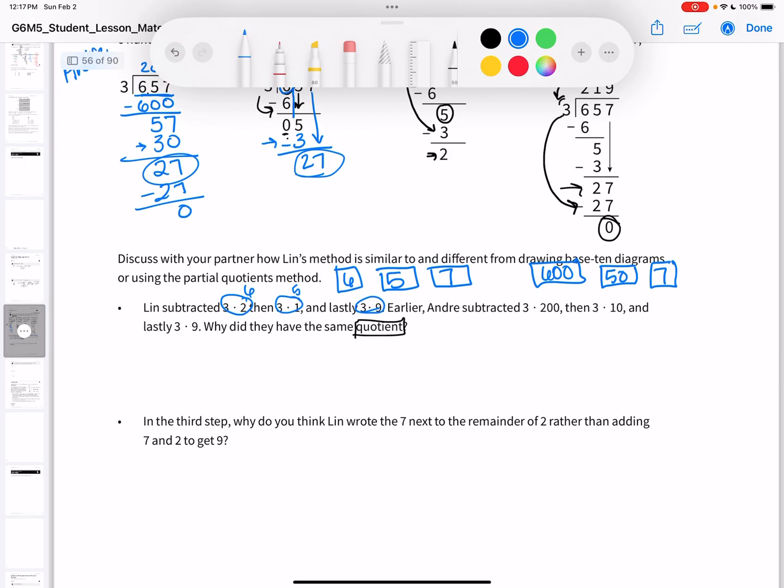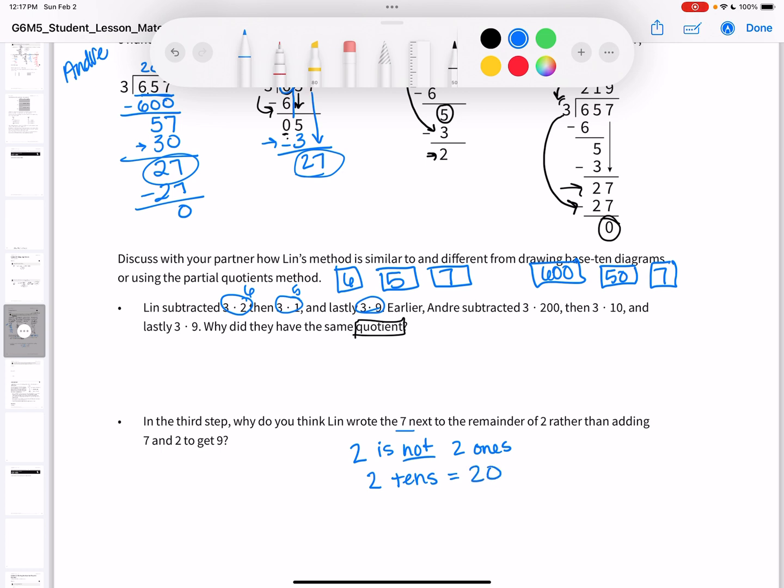In the third step, why do you think Lynn wrote the 7 next to the remainder of 2 rather than adding 7 and 2 to get 9? Well, that 2 isn't actually 2 ones. It's actually 2 tens, which equals 20.